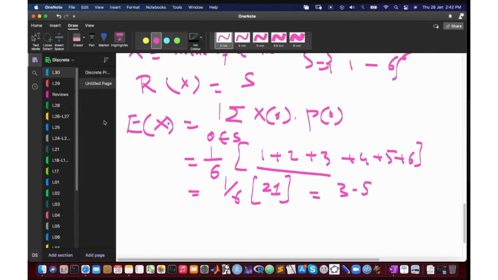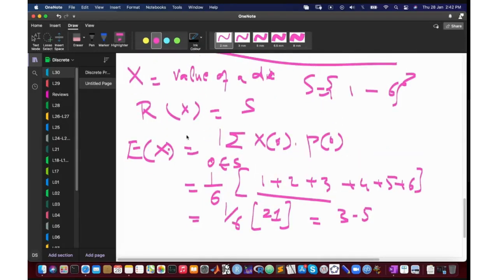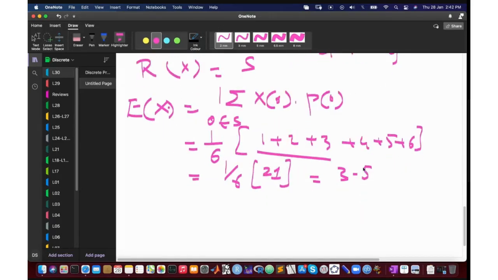So what this is saying is that you expect to get 3.5 on average when you roll a die a million times. Okay, but you see that 3.5 कभी भी नहीं आएगा आपके die के ऊपर. Okay, as a value 3.5 can't appear, but on average जो values आप get कर रहे हैं they will tend towards 3.5.